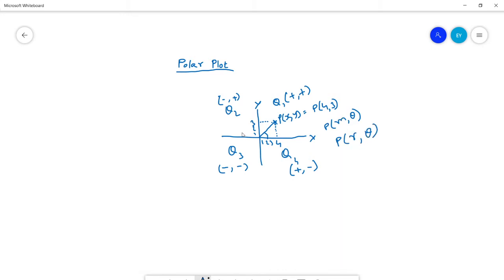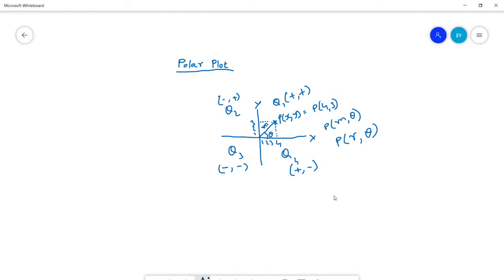If it is M, the distance of this point from the origin is M. If it is R, it is R. Then the angle it makes with respect to the x-axis is theta. So to calculate polar coordinates, we need to know the magnitude and phase, right?